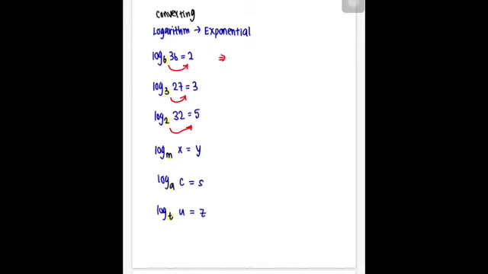So how do I rewrite the first one? It is 6 to the power of 2, because this 6 here is the base, equals 36. For this case it is 3 to the power of 3, because again 3 is the base, and this whole thing equals 27, and so on and so forth. You can try the remaining examples for your own practice.